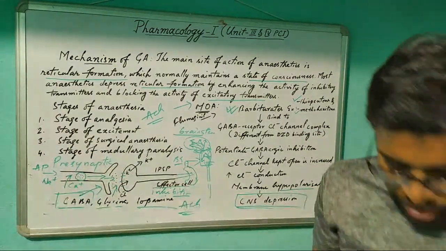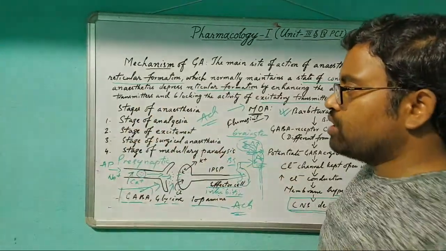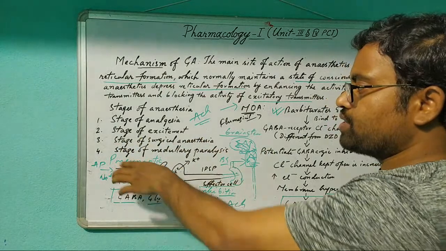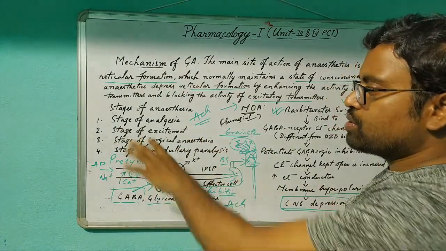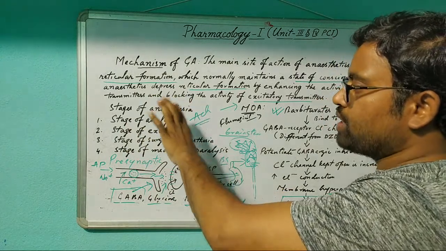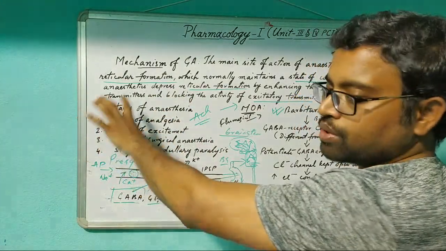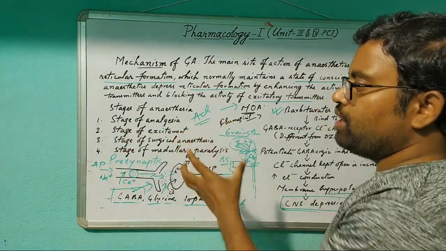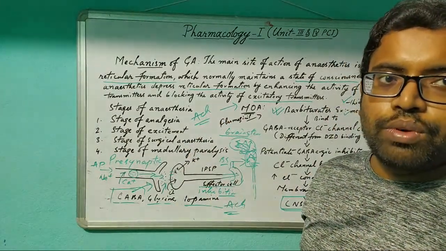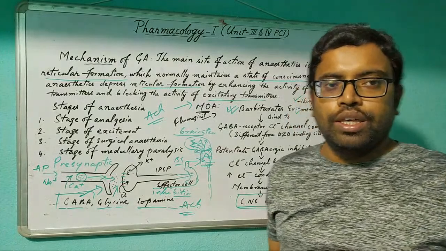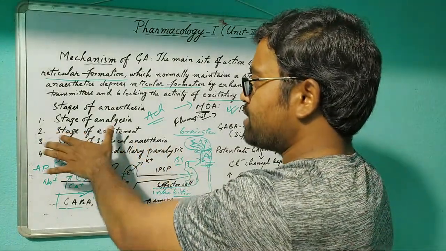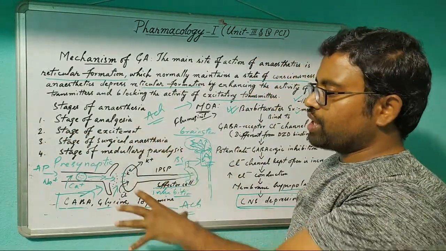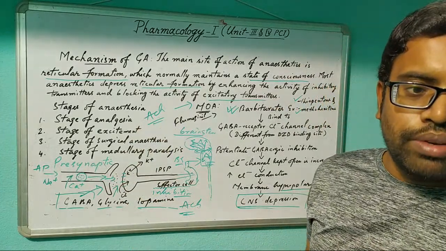Okay, so here are certain stages of anesthesia: stage of analgesia, stage of excitement, stage of surgical anesthesia, and stage of medullary paralysis. After application of anesthesia, these stages will go on. First is the stage of analgesia, which means pain will be blocked; there won't be any feeling of pain. Then the stage of excitement, because only one particular neurotransmitter is working, so your brain and body will be excited.